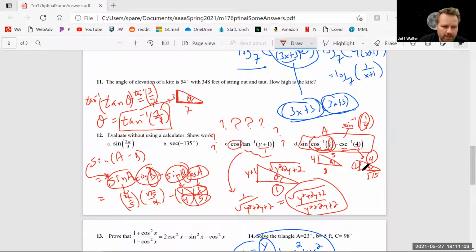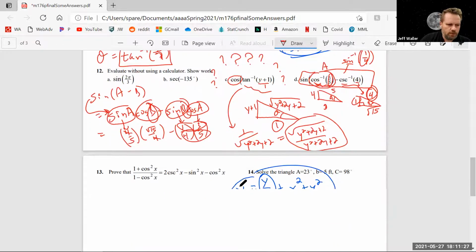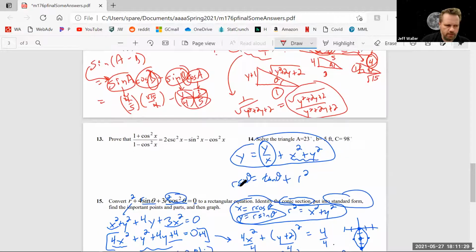Isn't it a squared plus b squared equals c squared? Oh, okay, I see. If you know the hypotenuse, you're going to end up subtracting. If you don't know the hypotenuse, you're going to end up adding. Oh, okay, I see. You got to be real careful about that. It's not always addition. It depends on which side you know.